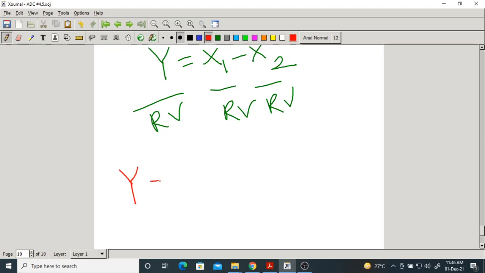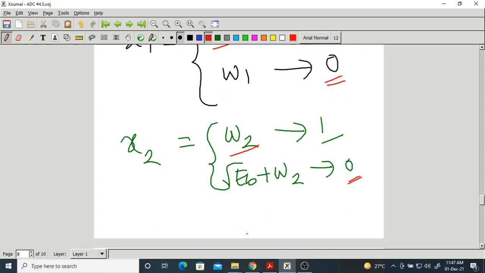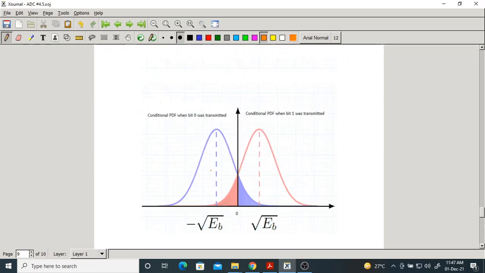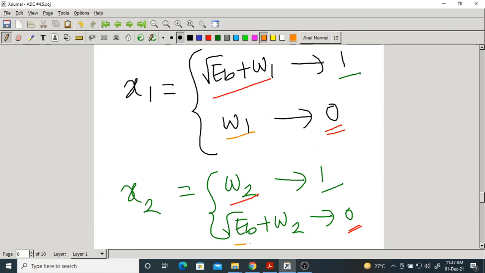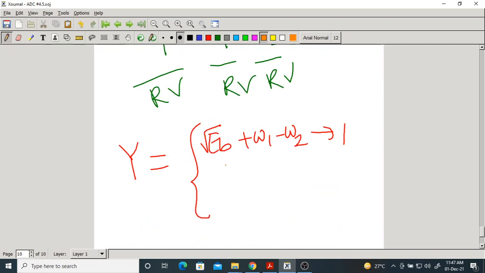Otherwise, I can write it as minus root Eb plus W1 minus W2. Is it okay? That is for bit 0.